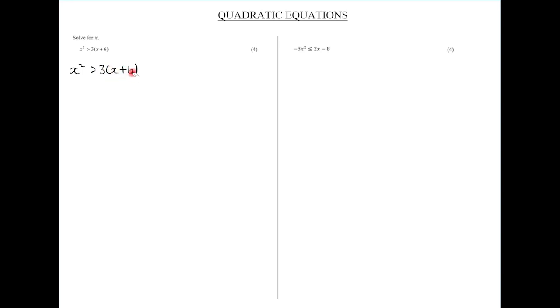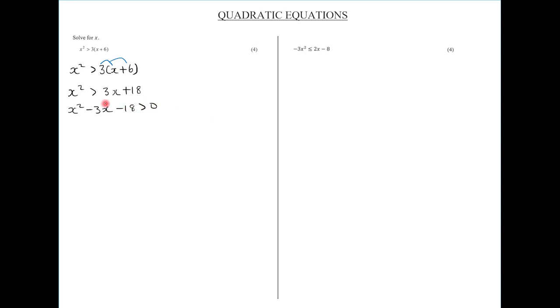I multiply 3 with x and 3 with 6. This gives me x squared is greater than 3x plus 18. Then the standard form is x squared minus 3x minus 18 is greater than 0.